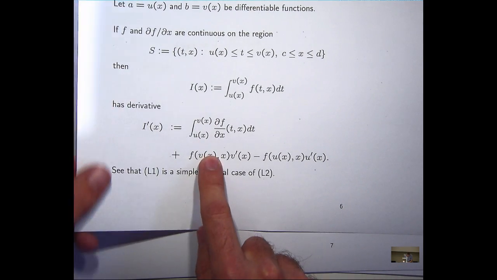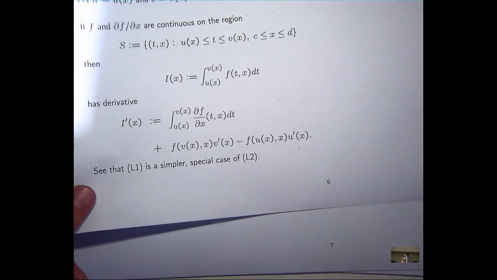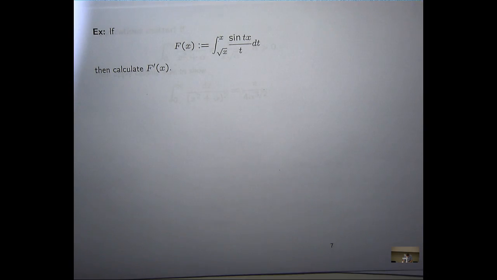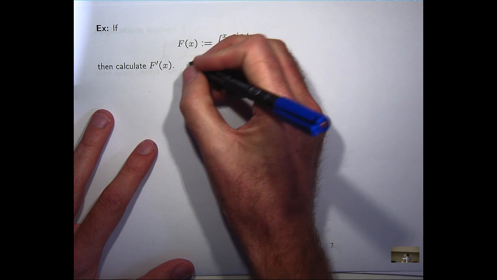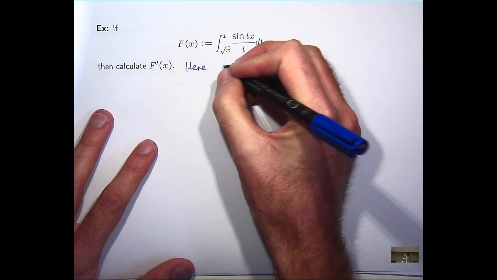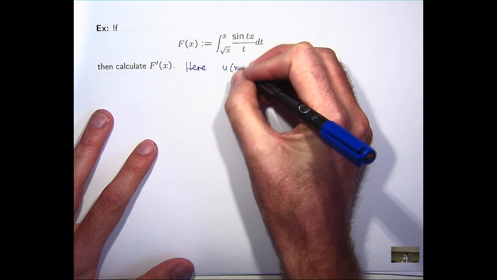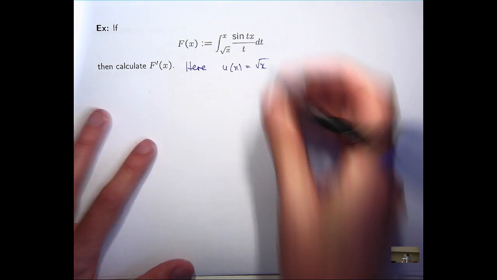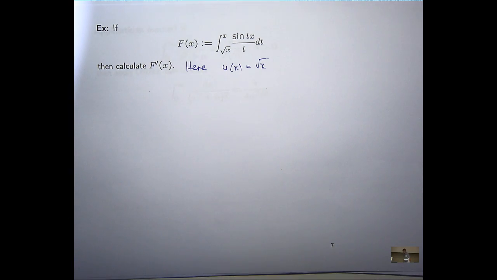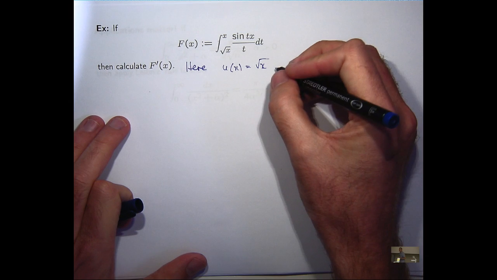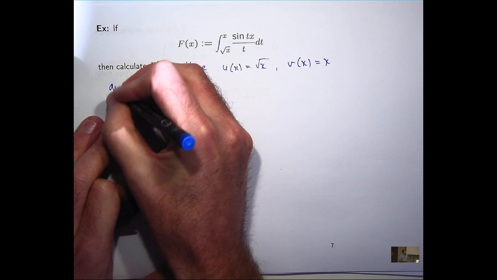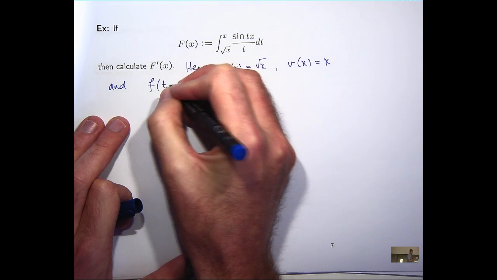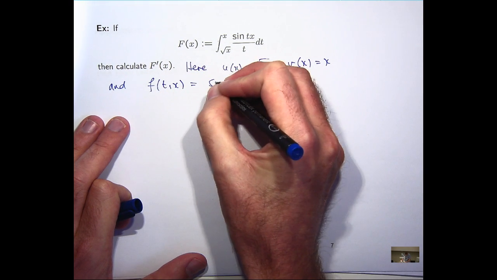Let's see how we do it. So here, our u of x is root x. Our v of x is x. And our function is this.